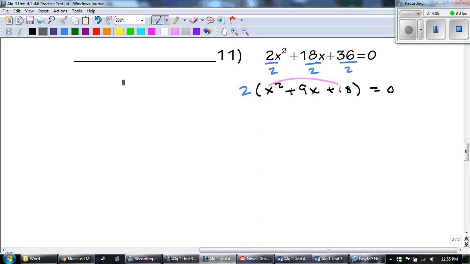And then always check, guys, because I personally think this is a lot faster than doing quadratic formula. So 18 is 1 and 18, 2 and 9, 3 and 6. And yeah, 3 and 6.